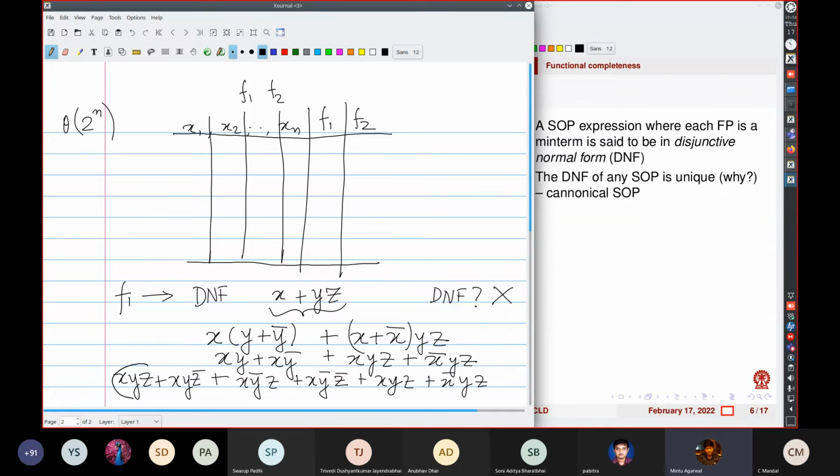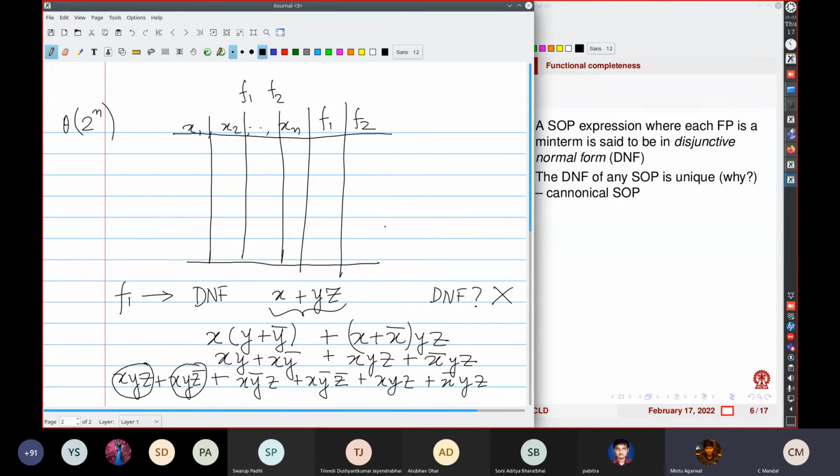Each min term is an atom, and as you have seen, any element of a Boolean lattice has a unique representation in terms of min terms, unique up to permutation of course. You studied that proof when you studied lattices.